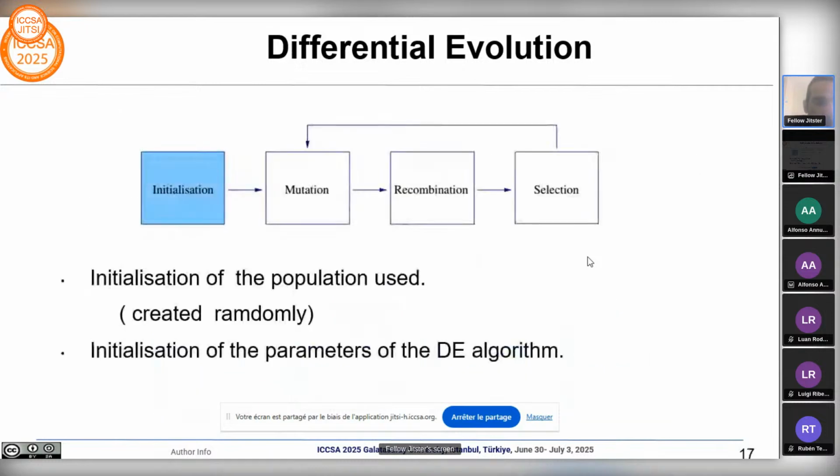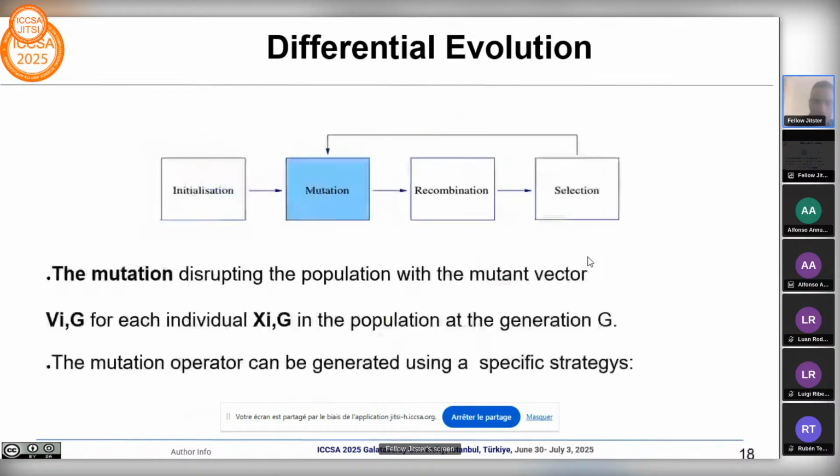We begin with the first step, initialization, which initializes the population, created randomly, and also initializes the parameters of the algorithm. After that, we use the mutation step.